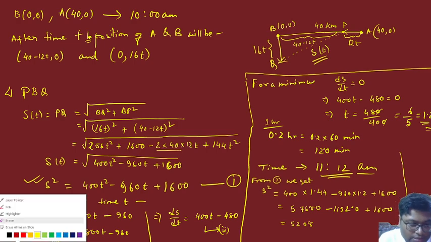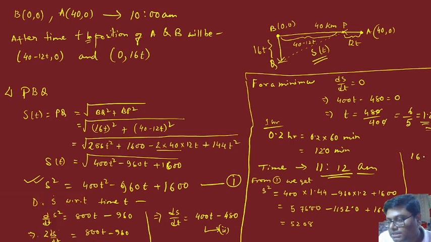Just take 1600 minus 1152.8, which is 448, plus 576, which gives 1024.